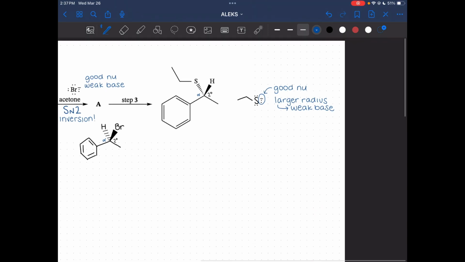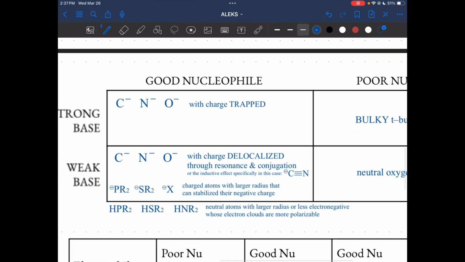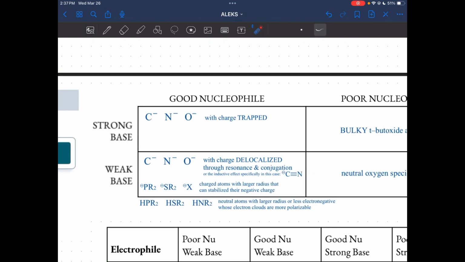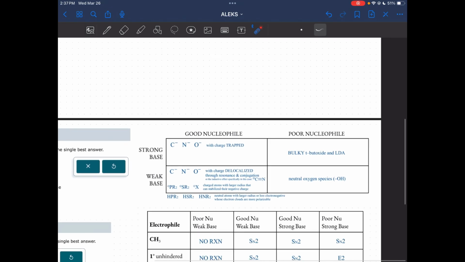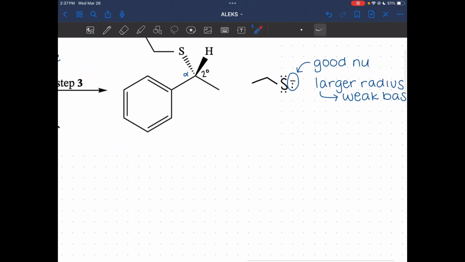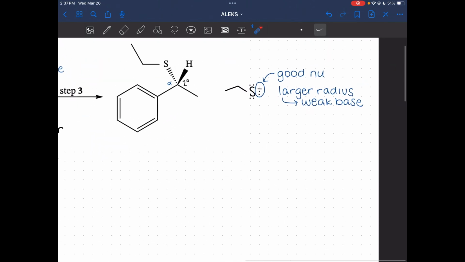And again, we can look at that nucleophile chart down below just to make sure. And we find that it ends up being in this box here, and it is actually right here. So again, it's charged, so it has that good nucleophile characteristic we need, but that larger radius just stabilizes the charge a little better, rendering it basically a weak base.